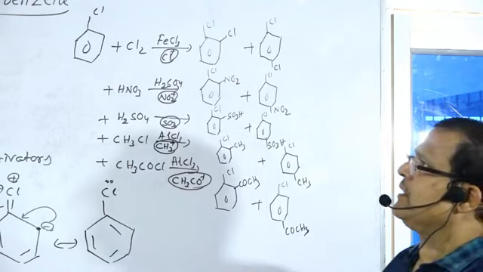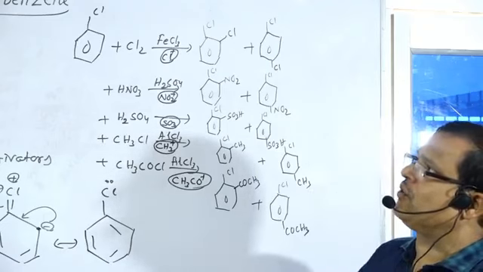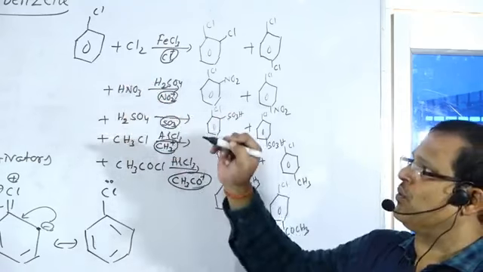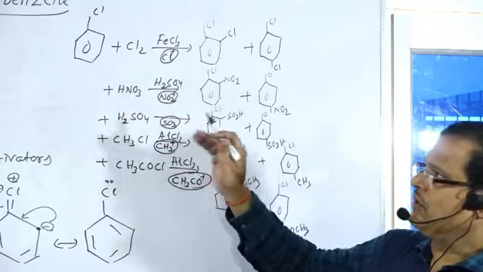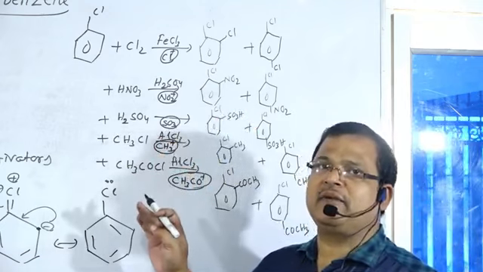So this is regarding the electrophilic substitution reactions taking place in the case of chlorobenzene. Chlorine on the benzene is ortho-para directing and ring deactivating.